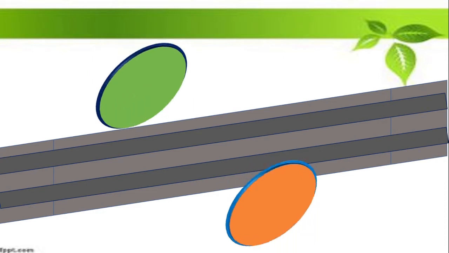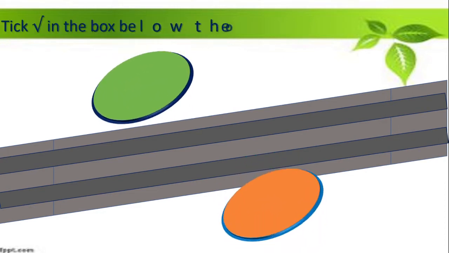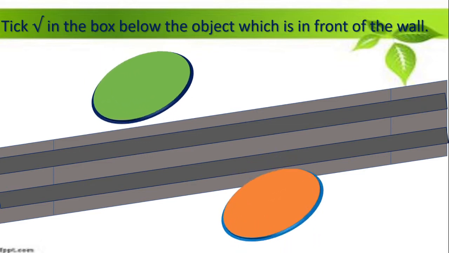Here you can see two discs, green color disc and the orange color disc. Now here also we have to tick the box which is in front of the wall. Right?